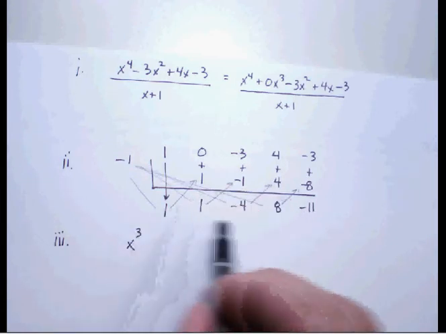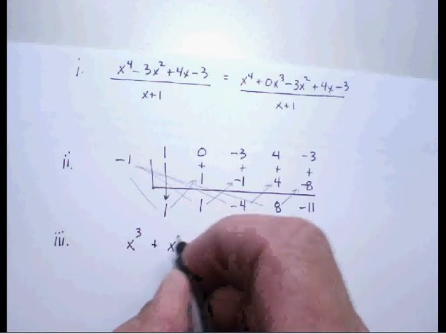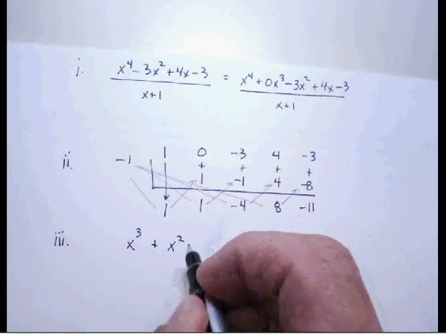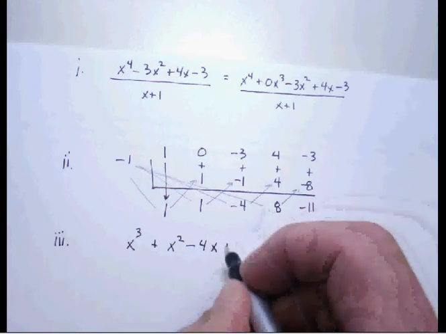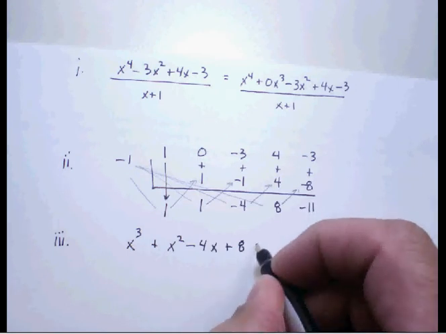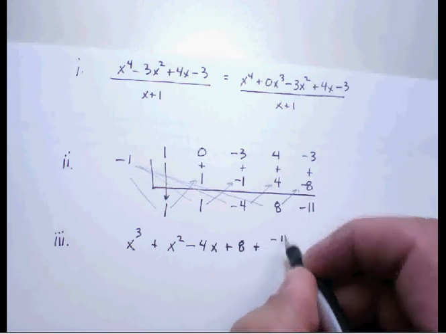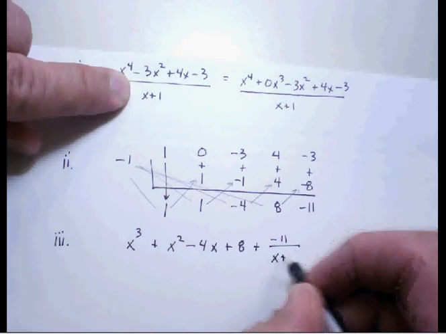Plus 1x squared minus 4x to the first plus 8 with the remainder, and then you can do it this way. You could say plus negative 11 over what you're dividing by, over your binomial. And that would be the answer to that problem.